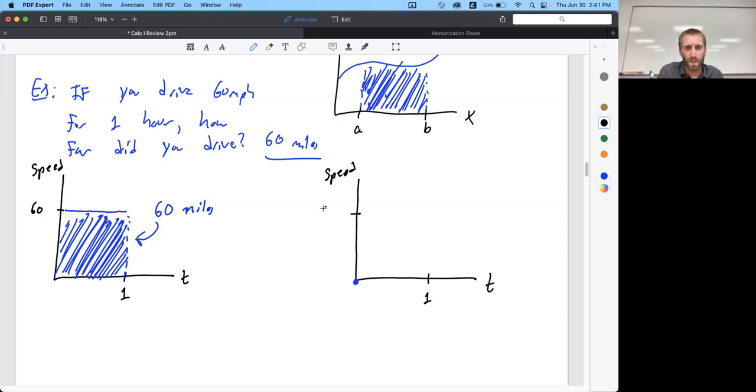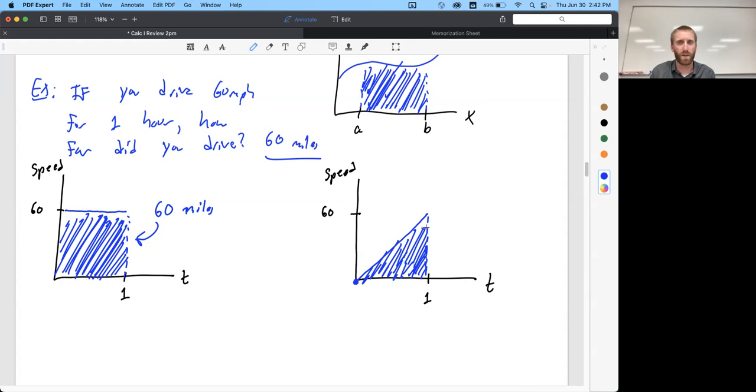I'm going to get to 60 eventually, but my curve looks like that. I'm very slowly accelerating. Well, we can still visualize that with the area under the curve. And so this area here will give me how far I went.